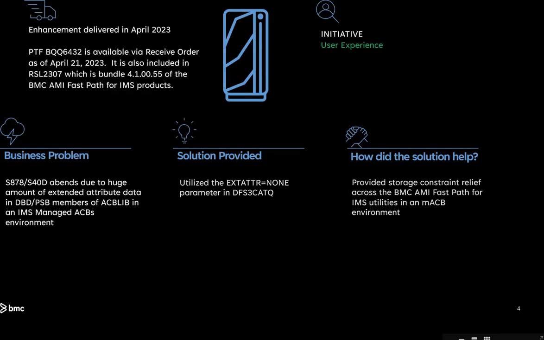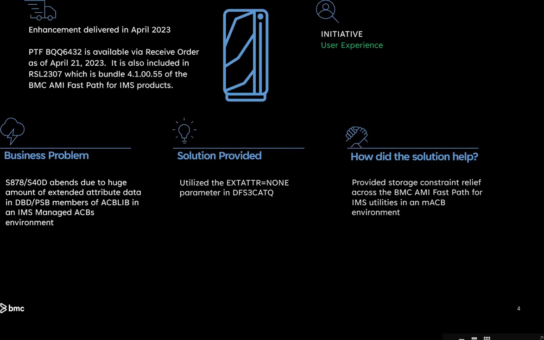And that's what we did by making use of the EXTATTR equal to NONE parameter, which IBM added into the DFS3CATQ catalog API. So that was the solution that was provided by us.